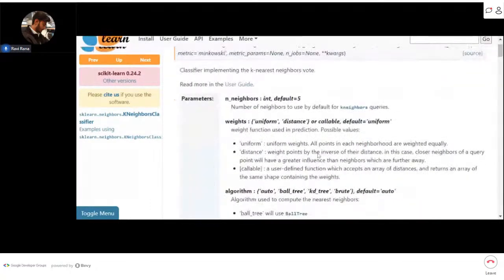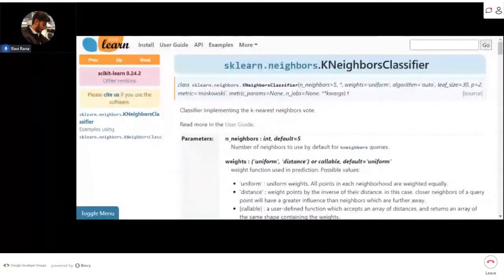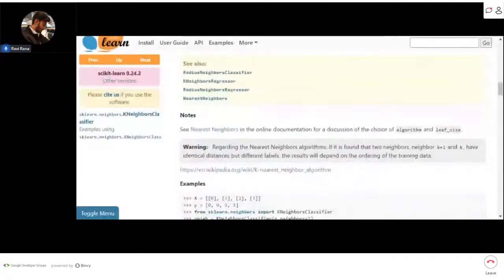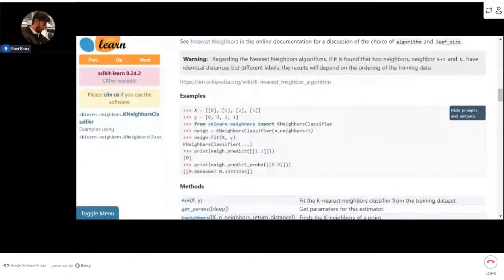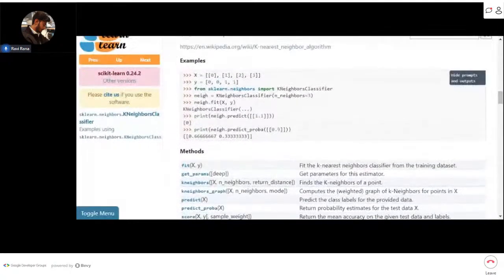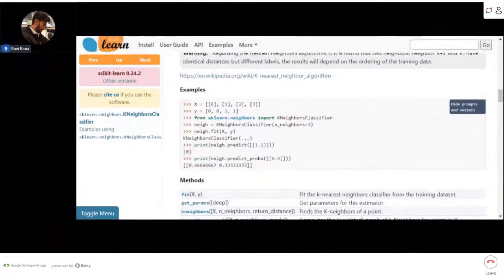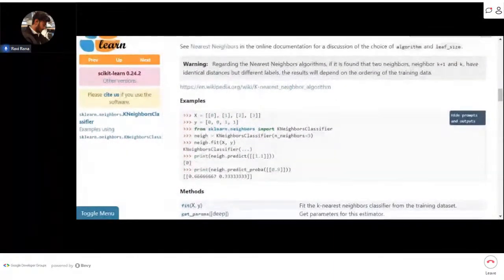For using the sklearn k-neighbors classifier, it is present under sklearn.neighbors.KNeighborsClassifier. So for example, from sklearn.neighbors we will import our KNeighborsClassifier. As someone pointed out yesterday, this is how we use our KNN algorithm.